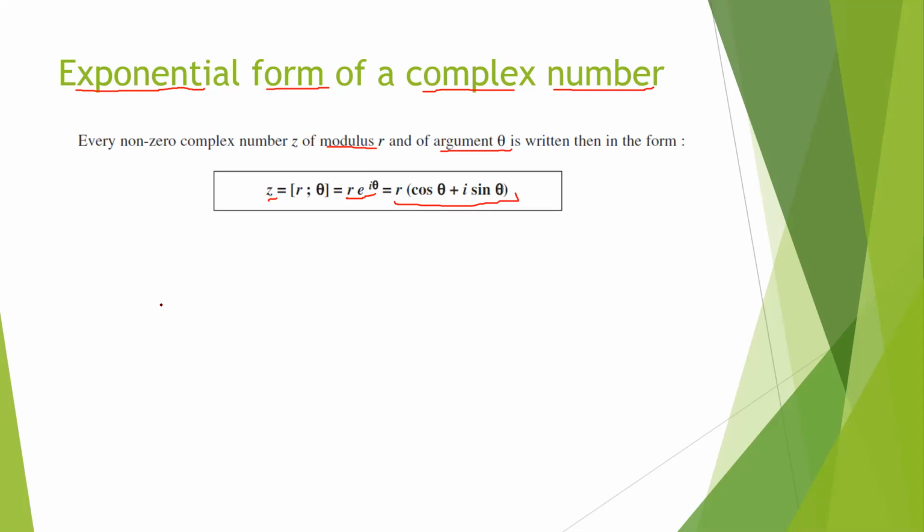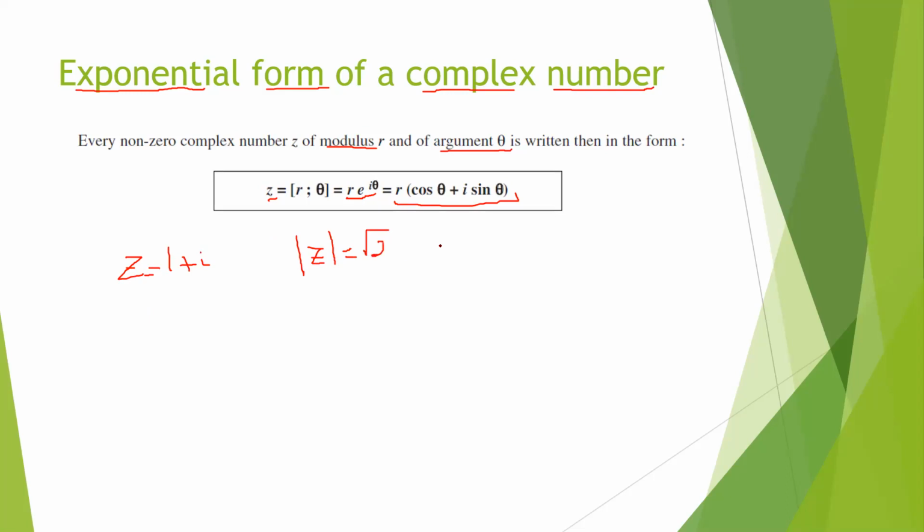For example, if I have Z equals 1 plus I, then the modulus of Z is radical 2.